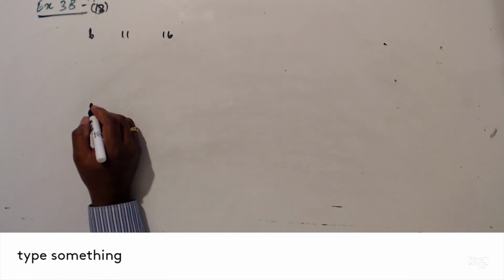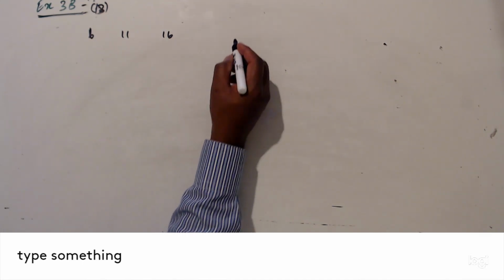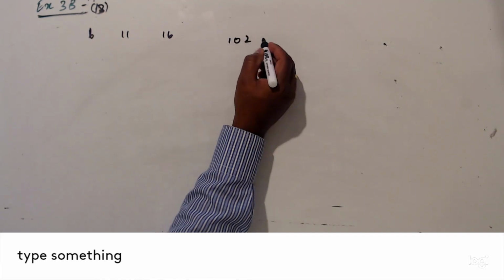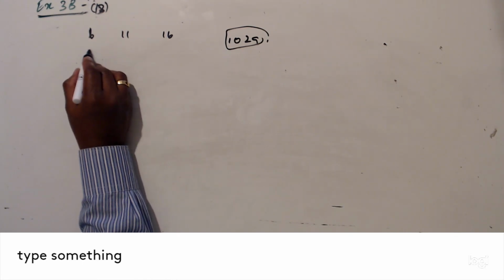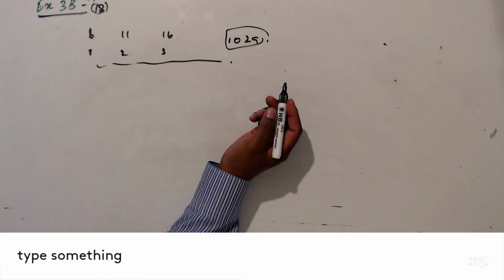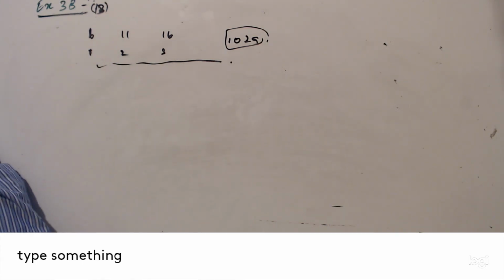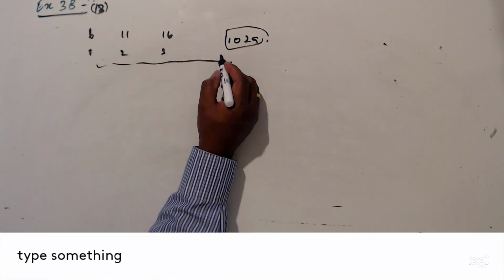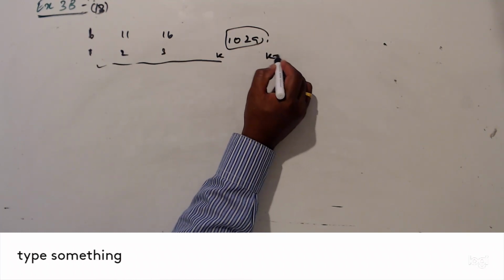Now Jonah is continuing to make rows, and she has a maximum amount of 1029 sticks. So how many rows? First row, second row, third row. She has sticks to complete up to k, and not for k plus 1.